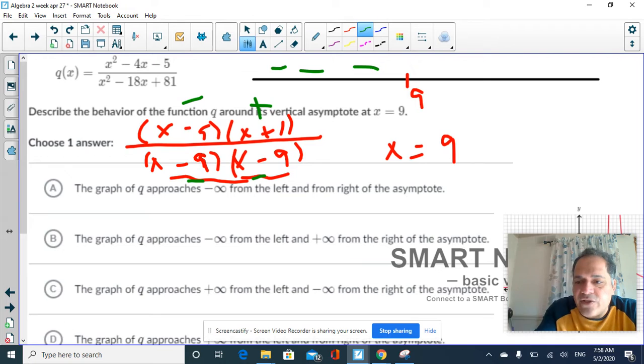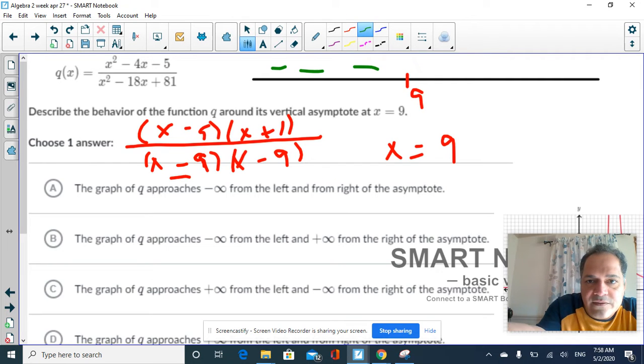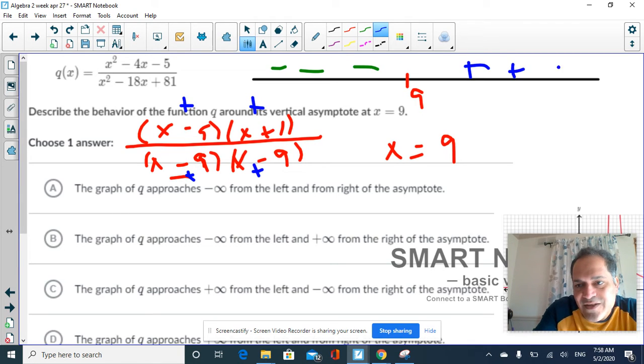Now pick any point after 9, like 10, for example. If you pick 10, what do we have? It's positive here, positive also, positive, positive, so the result is positive. So from left it approaches negative, from right it approaches positive.